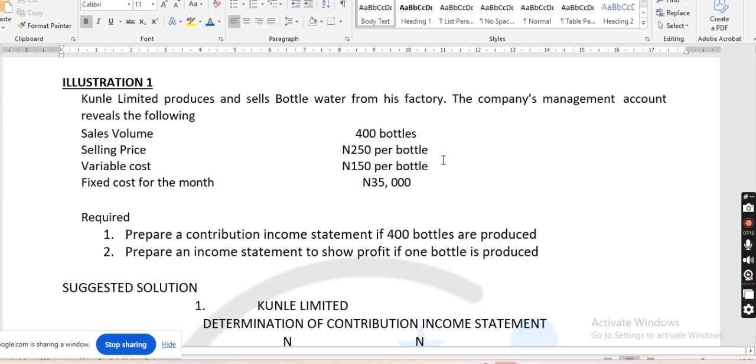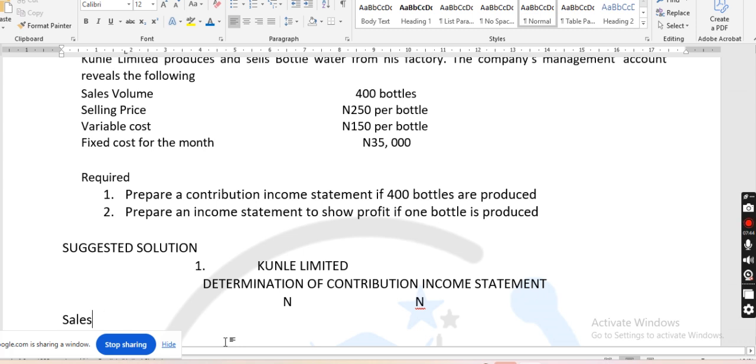The selling price per bottle is 250 per bottle. Is that not so? They say they want to produce 400 bottles. So if one bottle is 250, the sales will be 250 times 400 bottles, class. Is that not so?